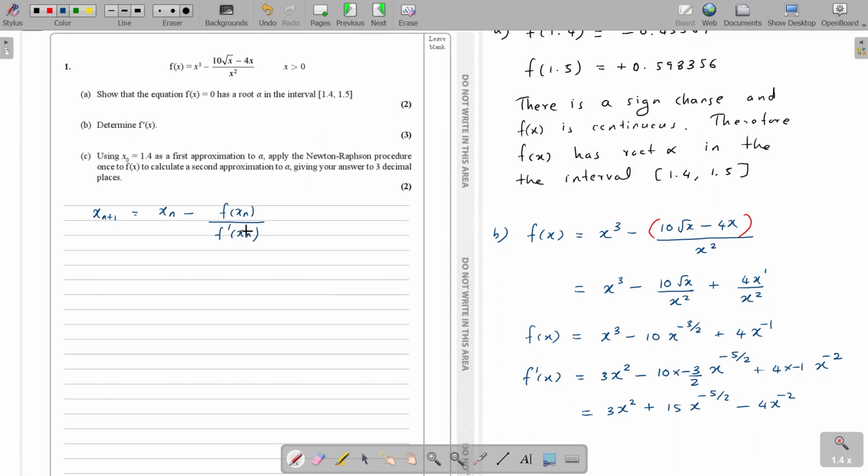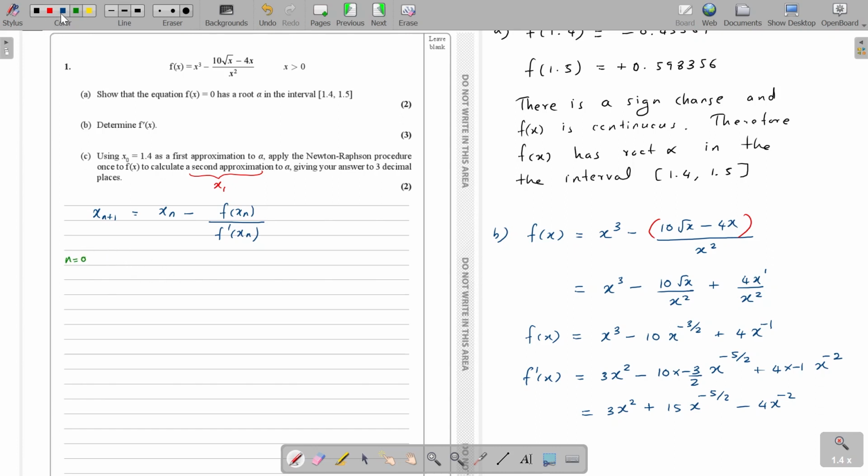Okay, so then they have told you the first approximation using x naught as 1.4. So the second approximation is x1. x naught is the first approximation. They are asking you to calculate the second approximation, means you have to calculate x1. Are you with me? How do you calculate x1? So we will replace n with 0 in this equation. What do I get?